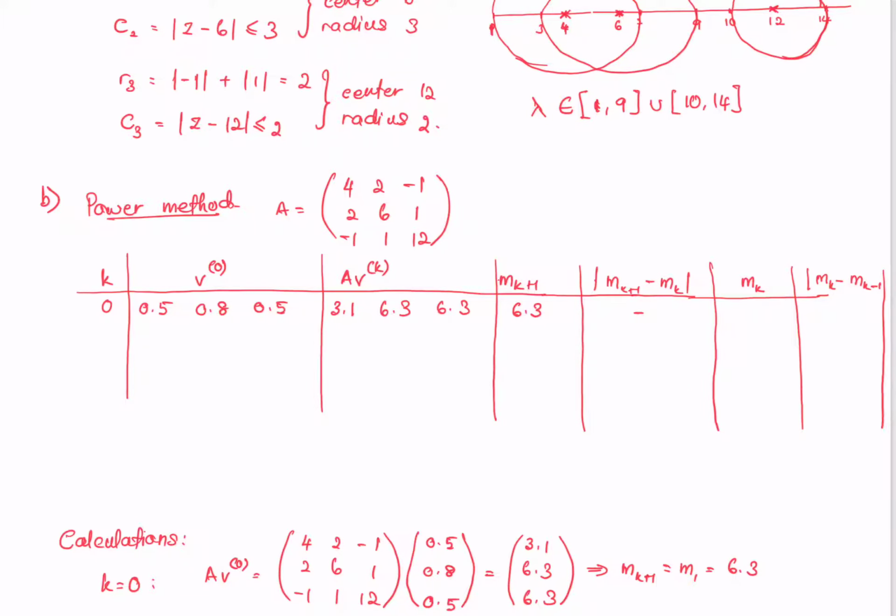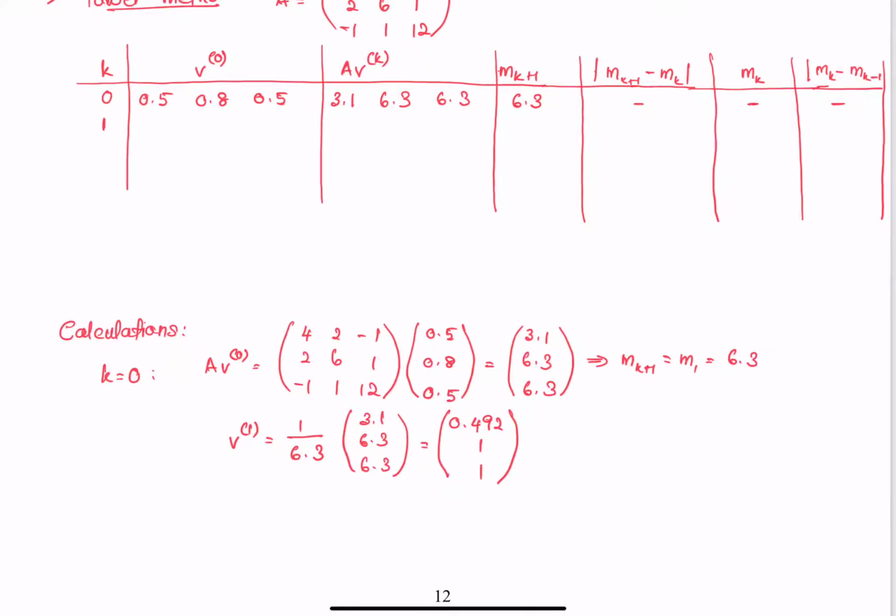So of course, now our K is 0, we don't have MK, so we also cannot find the value of MK minus MK minus 1.